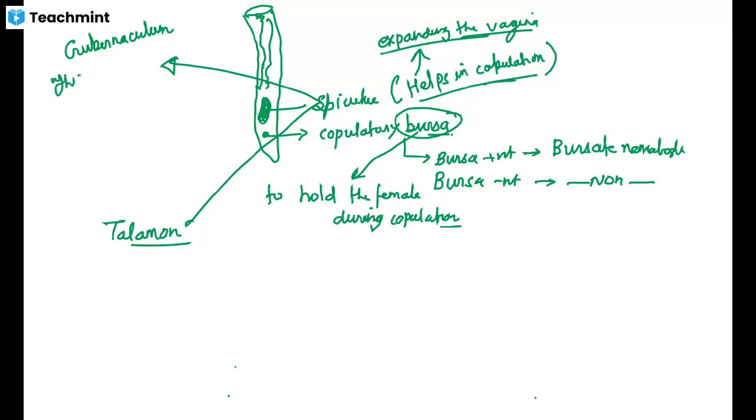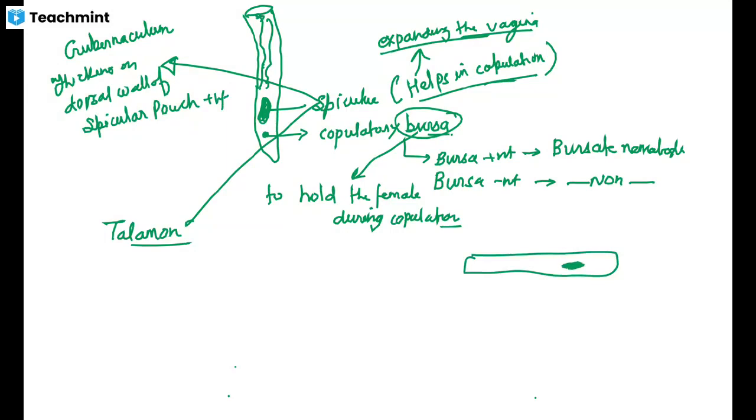Suppose अगर nematode से तो यहाँ पे spicule है, तो dorsal होगा, तो अगर यहाँ पे thickening present है तो it is known as gubernaculum, और यहाँ पे है तो this is known as a telemon.